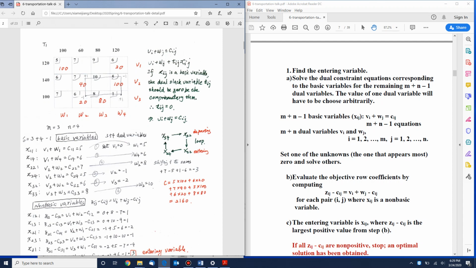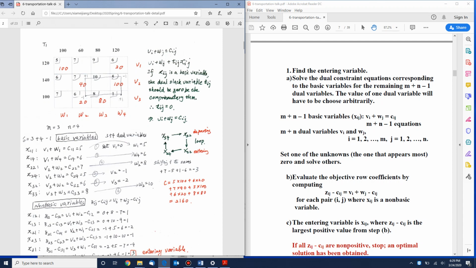Then 7 dual variables with 6 equations, basic variables, 6 equations. That means we have to set one of the dual variables as an arbitrary value, right? Free variable, right?